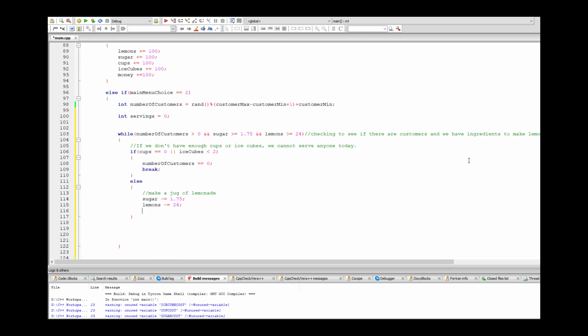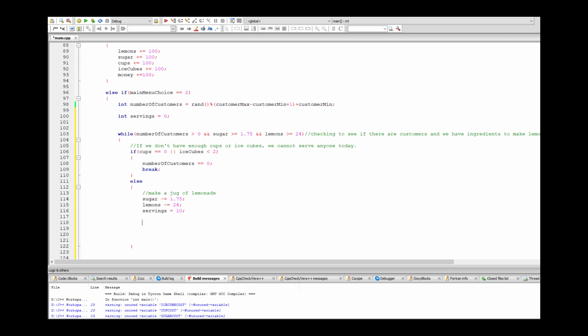Now we're going to put another while loop. Sorry, we're going to say servings is equal to 10, as we said we would make 10. So we converted 1.75 cups of sugar and 24 lemons into 10 servings of lemonade.